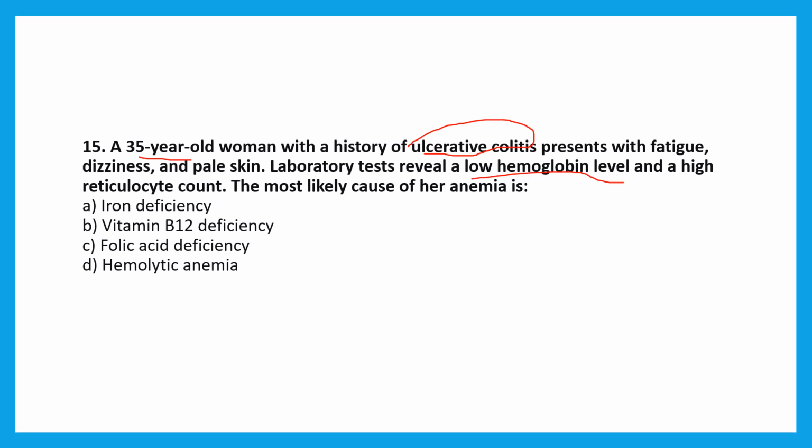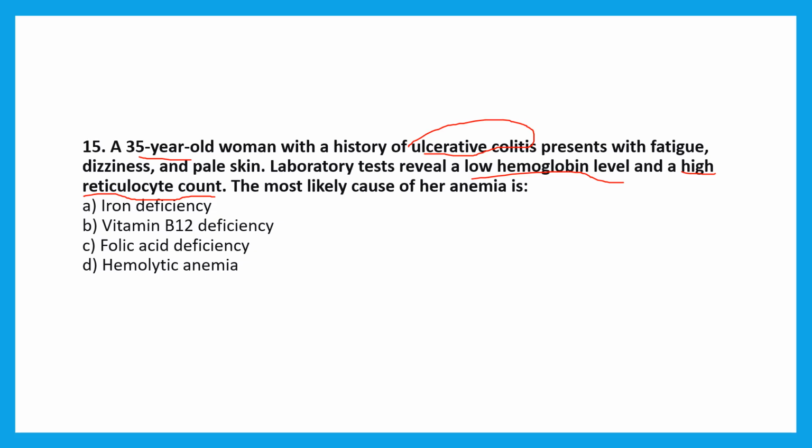So here I'll start with the high reticulocyte count, because other things I might just end up confusing you. A high reticulocyte count indicates that the bone marrow is actively producing new red blood cells in response to their loss. And this, ladies and gentlemen, is a characteristic feature of hemolytic anemia.